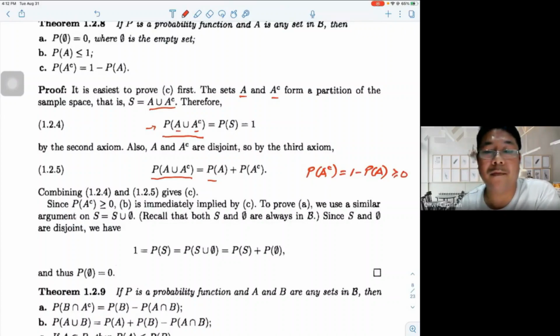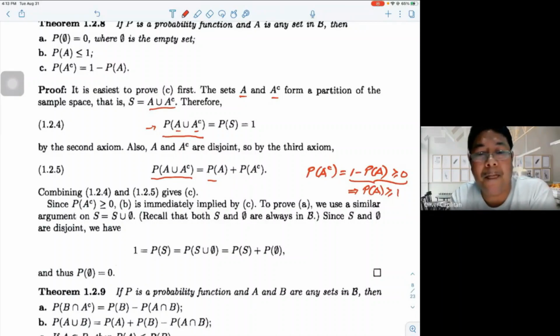So from here, the implication is that the probability of A is greater than or equal to, making this inequality.